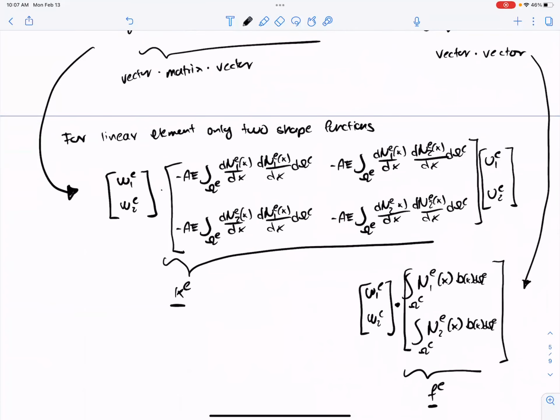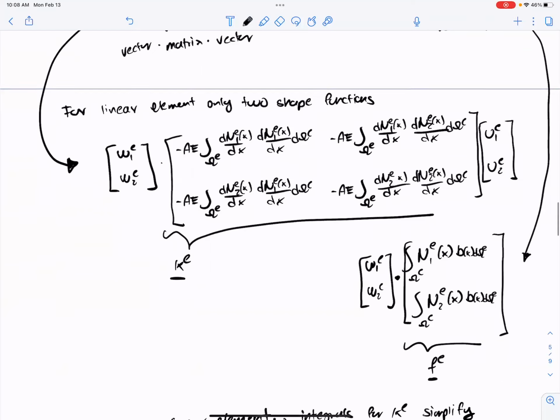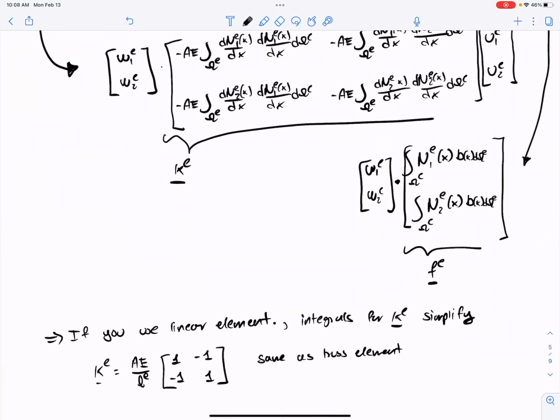And then the integral that involves the loading bx ends up with an integral of the shape function times the bx, and that is called the force vector. And now that looks more similar to what we had for the truss problem. So now we are very, very close to the truss problem setup. Any questions?